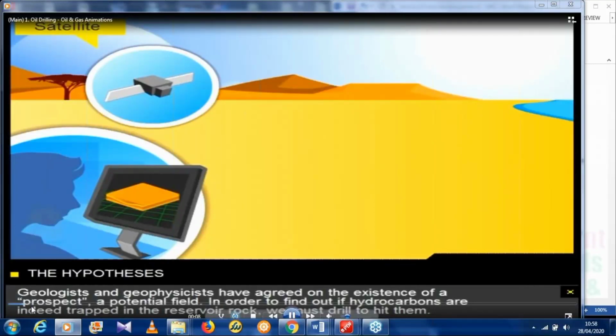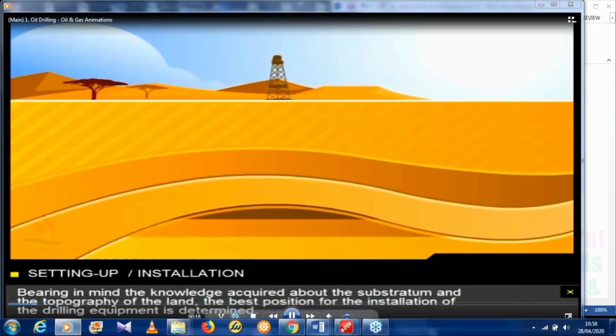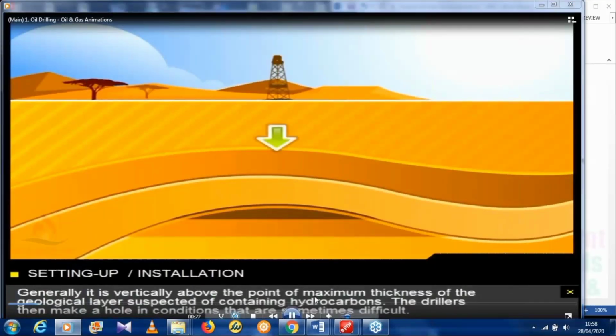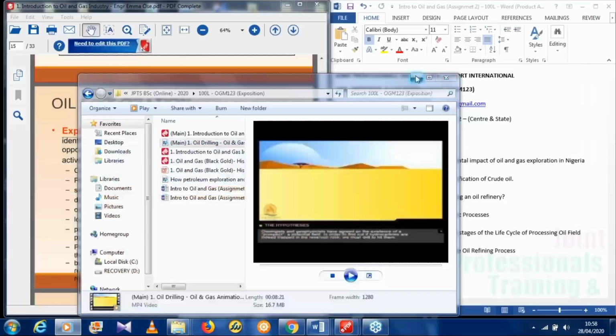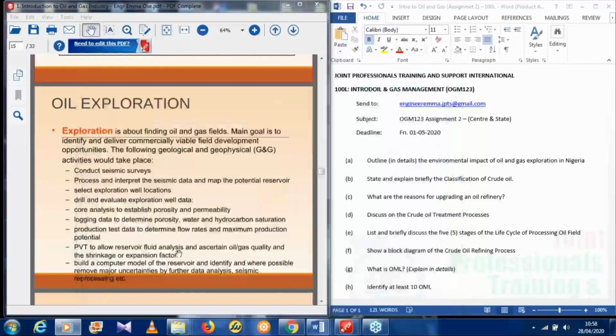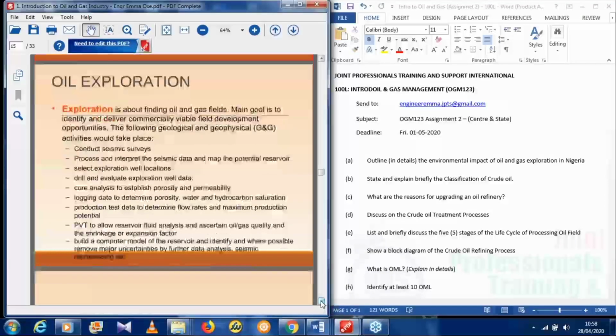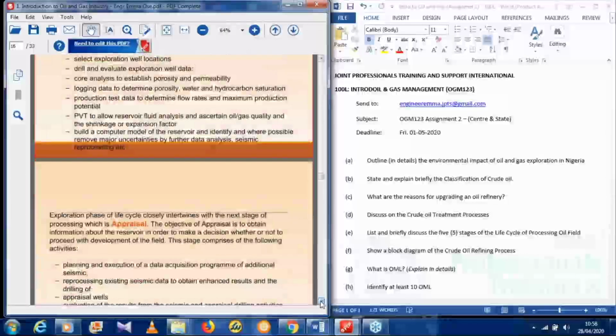Then this is the goal: we try to drill directly to where the result is. That's what I'm trying to talk about. So this is what happens in the exploration stage.